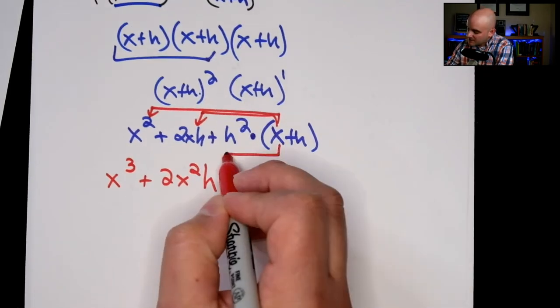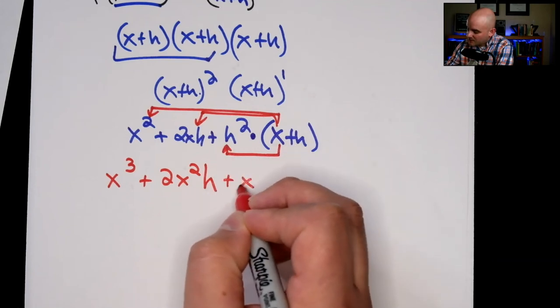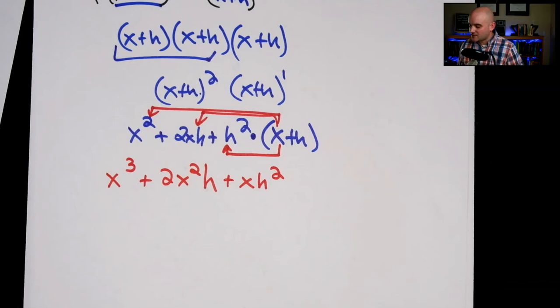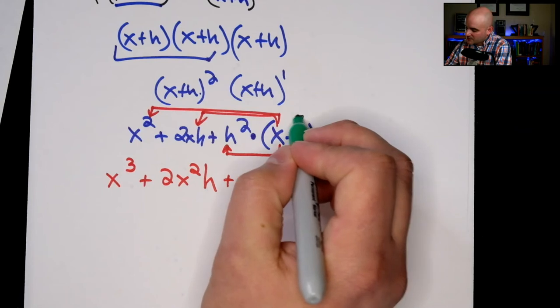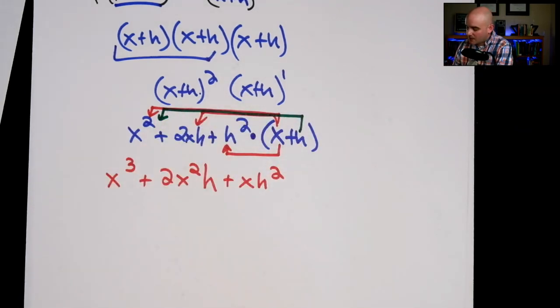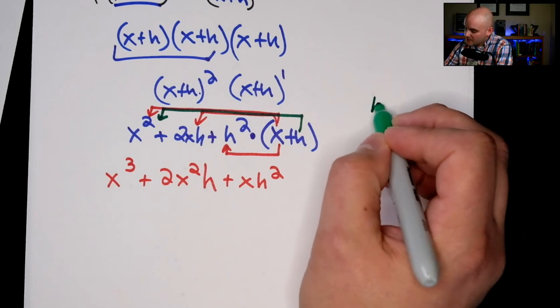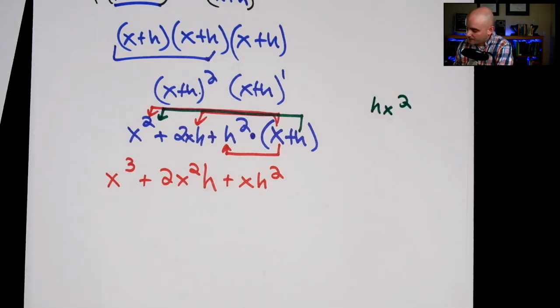I'm going to say x times h squared, that gives me xh squared. So I've now multiplied x throughout the whole thing. Now I've got to do the same thing with h. I'm going to say h times x squared, and that gives me h times x squared.